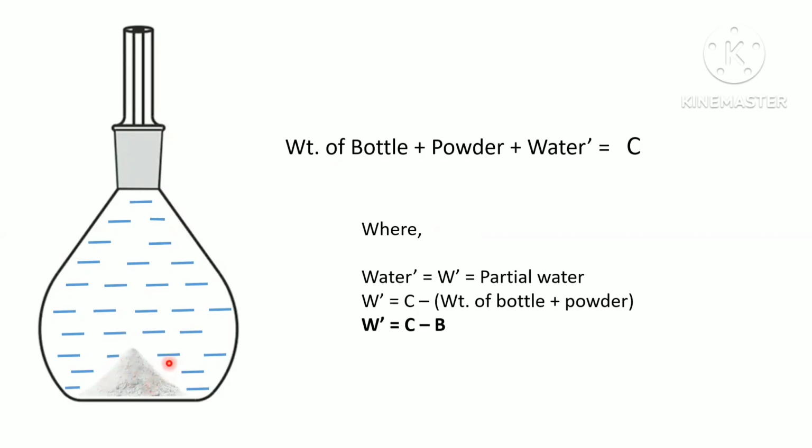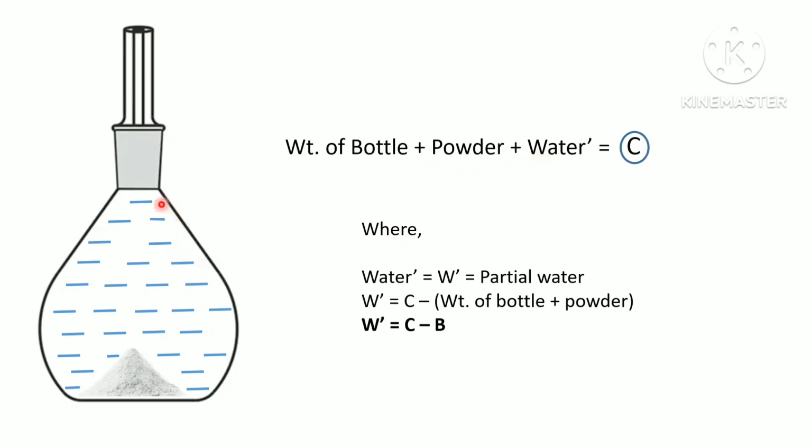Mix the powder very well with a small quantity of the water, then make up the volume till the neck, then close the stopper. Let's close the bottle with the stopper and then do the weighing, assign the weight C. Now in this case, C stands for weight of the bottle plus powder plus partial water.